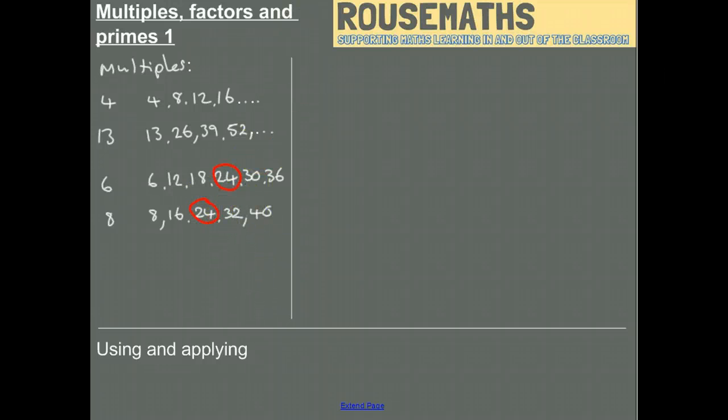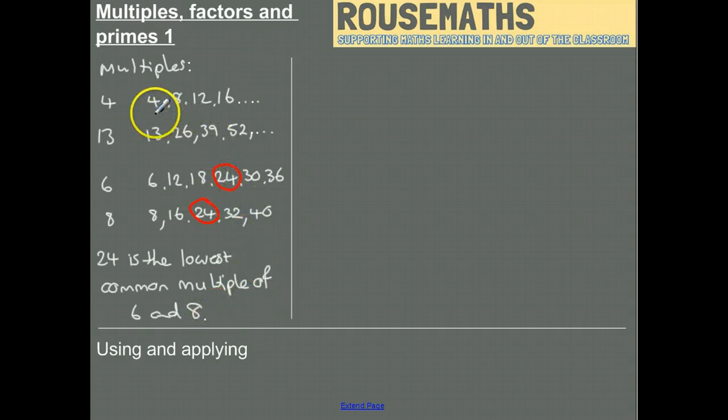There'll be many other numbers that will appear in both as well, but what that means is that 24 is the lowest common multiple of 6 and 8.